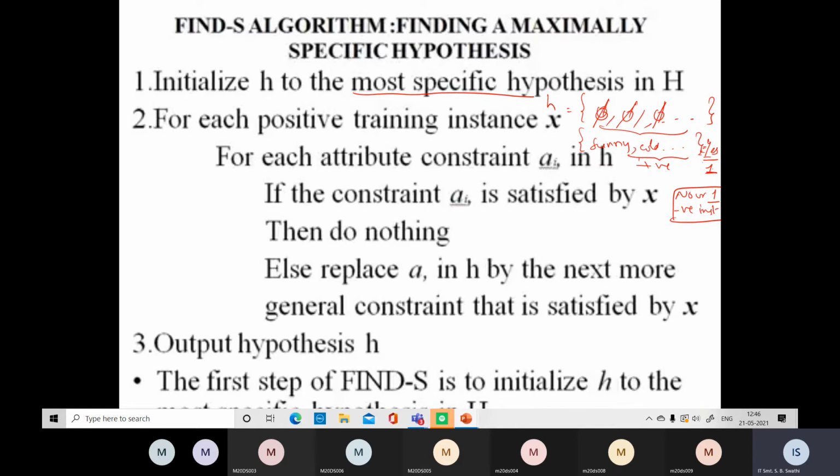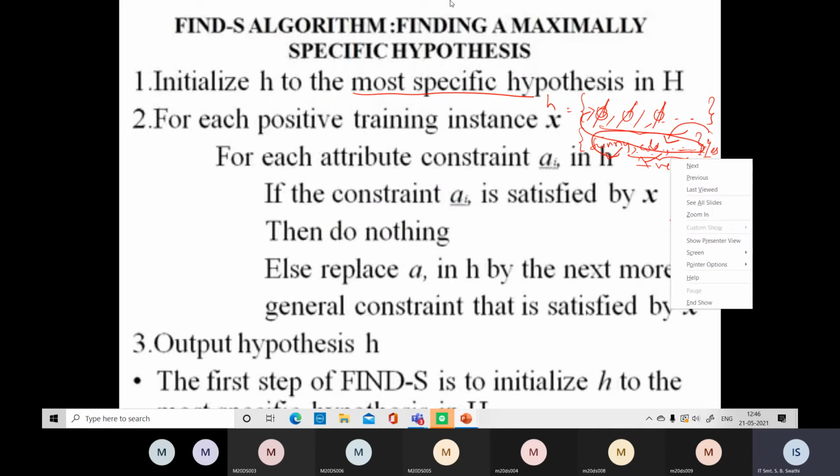Whenever you find a positive instance, whatever values are given under that instance, like sunny, cold, rainy, whenever the result is yes, whatever inputs correspond to that yes will be added to this H. The null values will be replaced by these values.